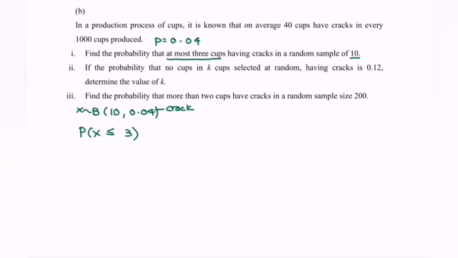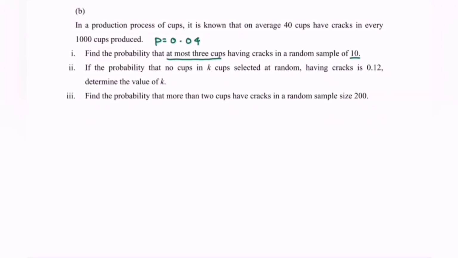So what we have to do is modify, and we have a new formula: 1 minus the probability that X is greater than or equal to 4. By referring to the table, where we have 1 minus 0.0004. So to simplify, the probability that X is less than or equal to 3 is equal to 0.9996.